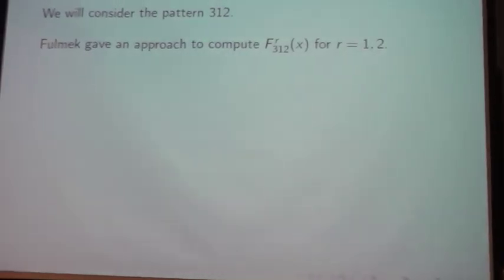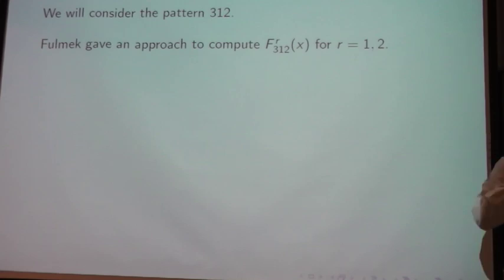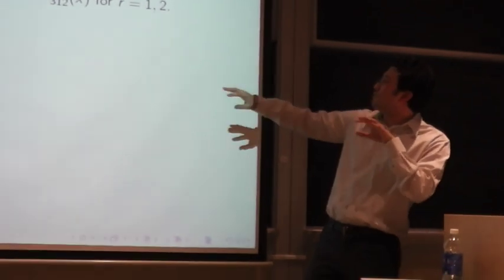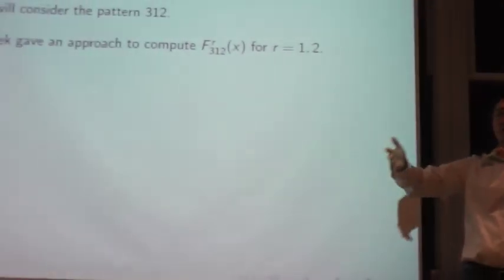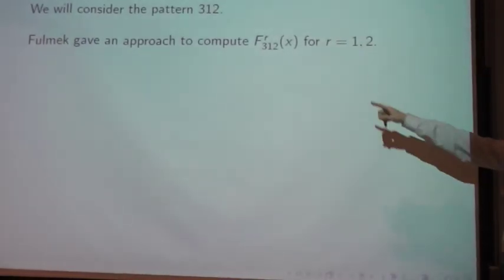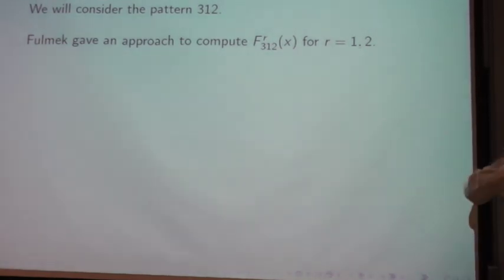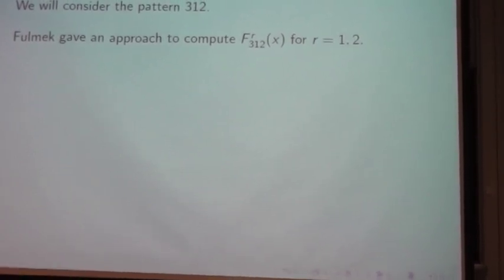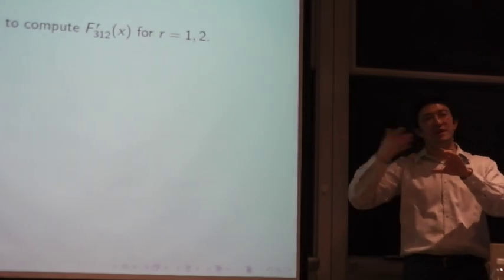Basically, Fulmek, maybe 10 or 15 years ago or so, gave an approach for computing the generating functions for small r, for r equals 1 and r equals 2. He also did the same thing for the pattern 321 for r equals 1 and r equals 2. But in his paper, that's all he did. So our goal is to try to extend this approach by computerizing what he did.